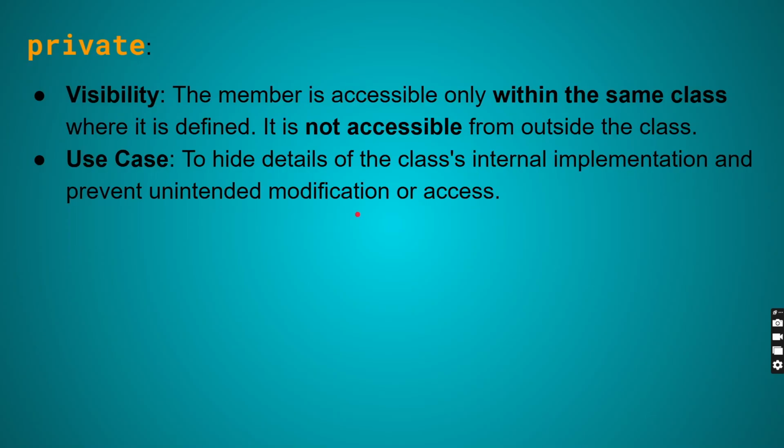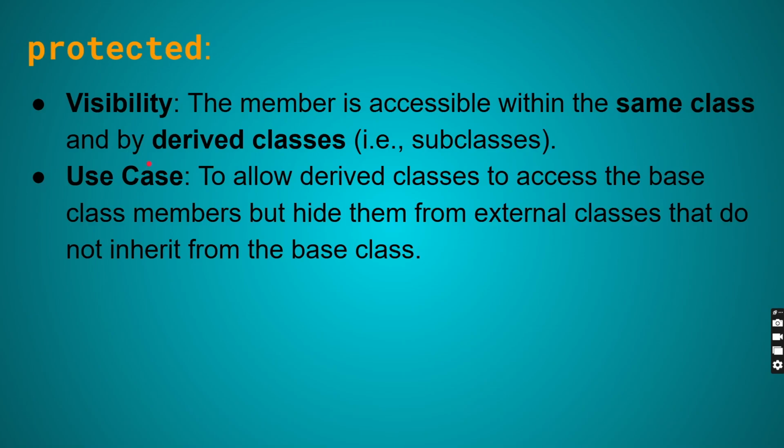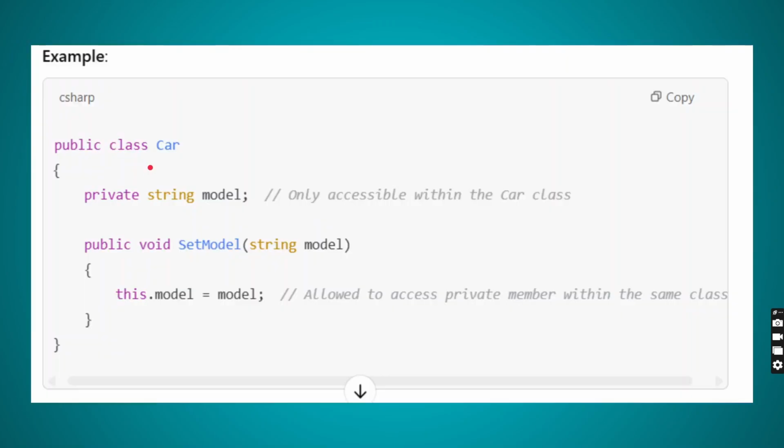Now we will see the example. Here we have a class called Car, which is public, and we have a private field. Look here, there is a private keyword, the data type is string and the name is model.